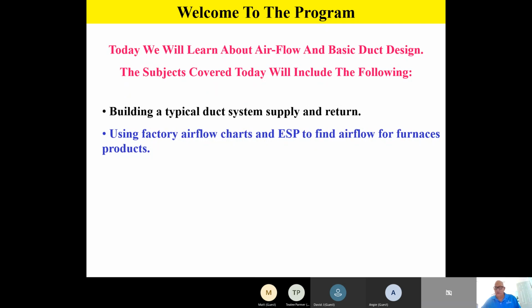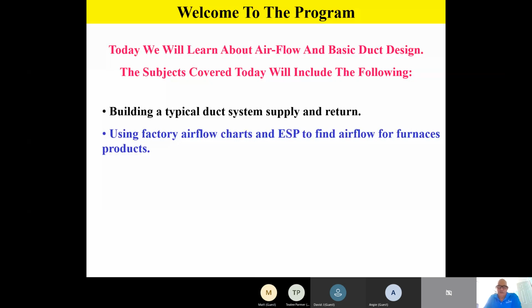So it is very important, when we talk about airflow and duct design, and I'm very passionate about airflow and duct design, that we provide the right size ductwork, both supply and return, and we have to fall within the ESP, or external static pressure, which we'll talk a little more about later. We have to fall within that criteria of the factory airflow charts if we hope to have the equipment working as designed. So this is a very timely program in that regard.